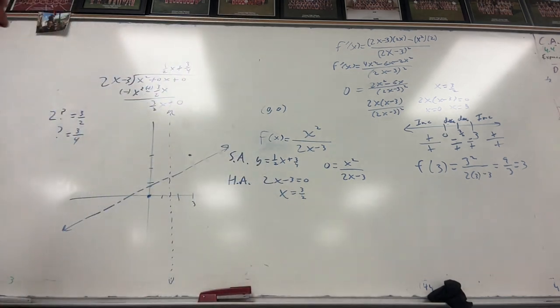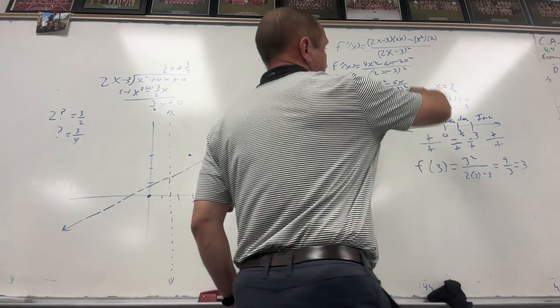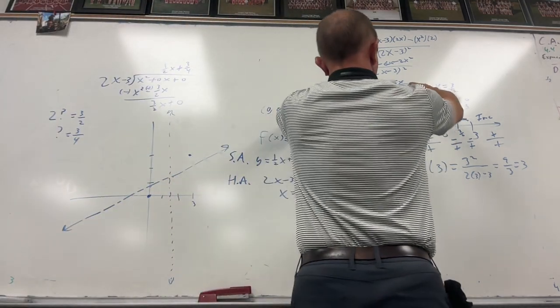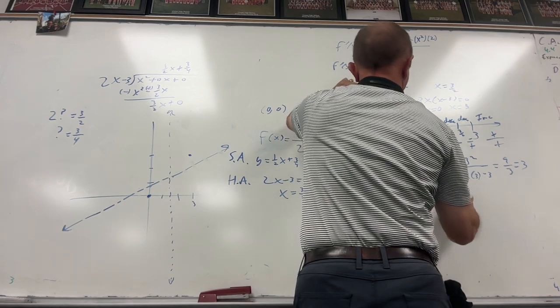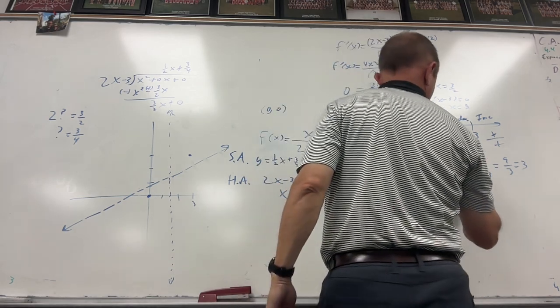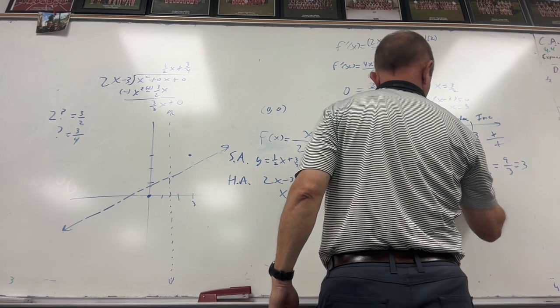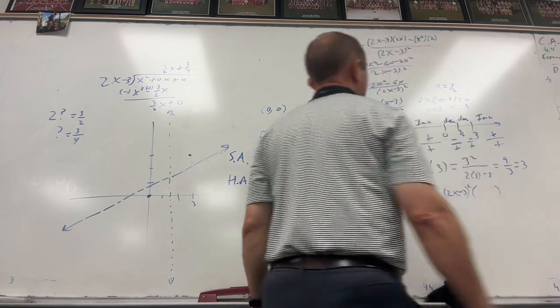All right. So now let's go to the second derivative. And second derivative, I'm going to take the derivative from this step here. So f double prime of x is 2x minus 3 squared times what here?